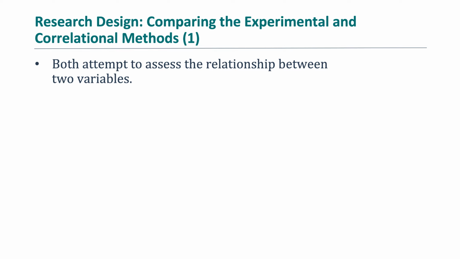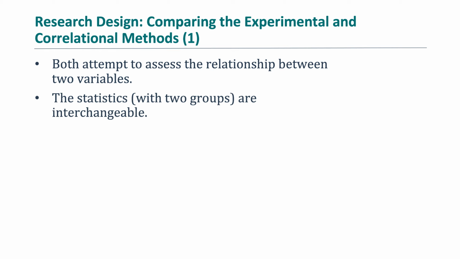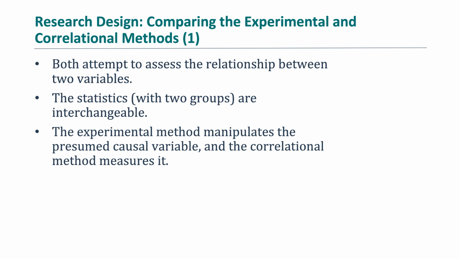Now, when we want to compare experimental and correlational methods, we have to remember that both of them might be using two variables. Both will actually be looking at multiple variables, right? The difference is that experimental methods are going to manipulate one variable and hold one constant.